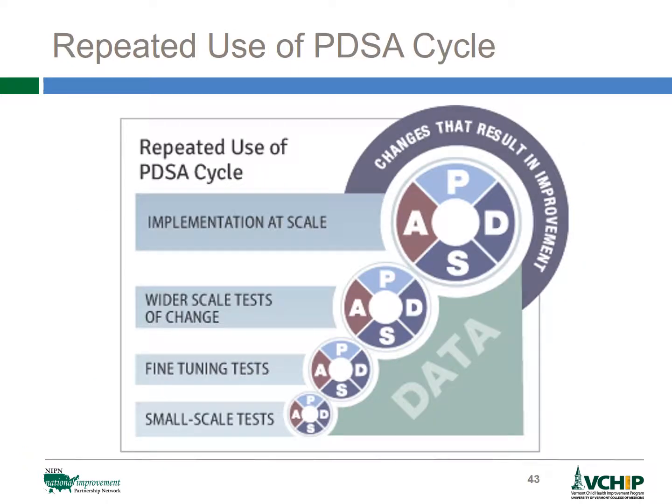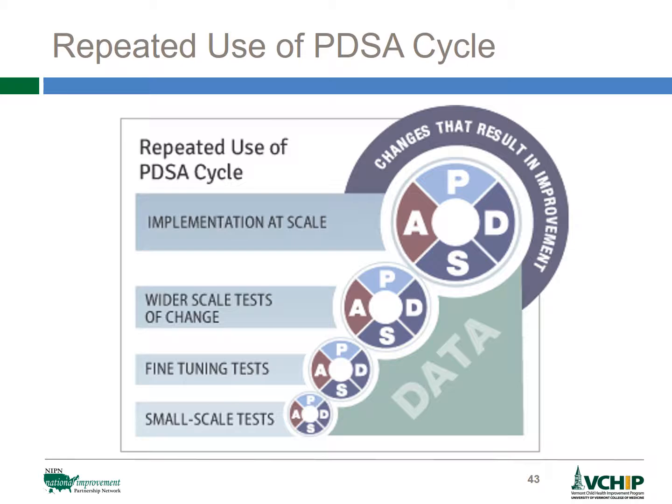And really, I love this image because it shows different stages of a process when you would implement PDSA cycles, but they also show the relative size of that PDSA. So really starting with those small scale tests to identify a strategy that might be effective.